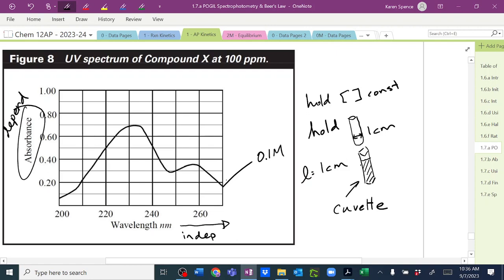If I now did another, we call this an absorbance spectrum. If I did another absorbance spectrum for the same substance, but now at 0.05 molar, what would you expect it to look like?